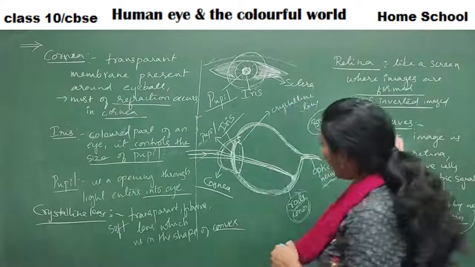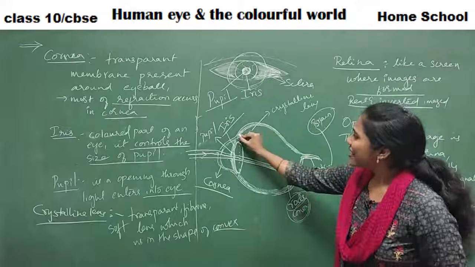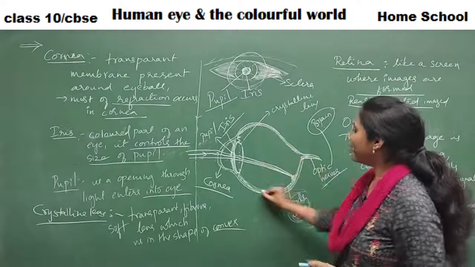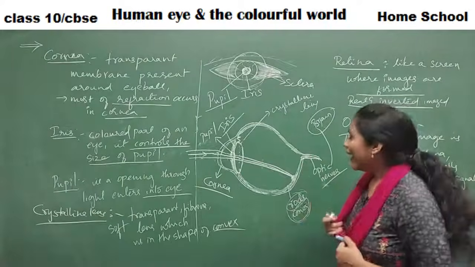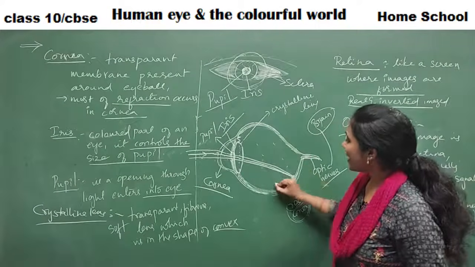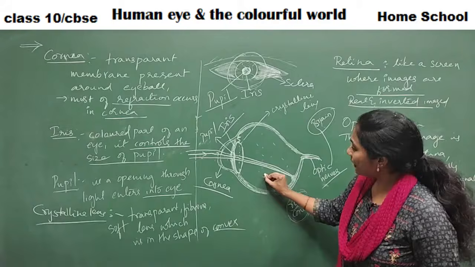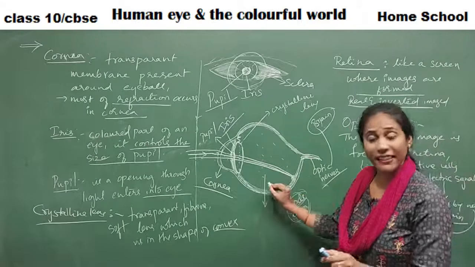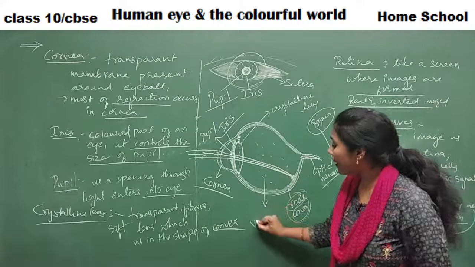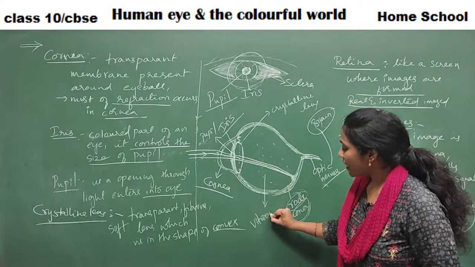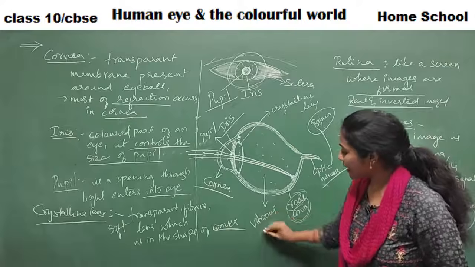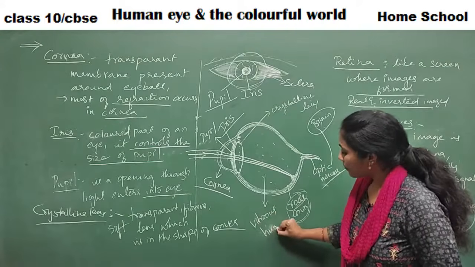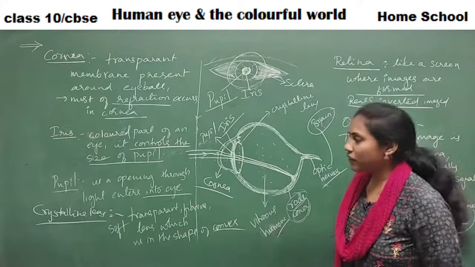Fine. And now you have a gap here. See, the retina is just a screen which is fixed onto this particular wall, right? And what about this space, guys? This particular space is filled with a certain liquid called vitreous liquid, or I can also say vitreous humor. Humor in the sense of a kind of liquid.